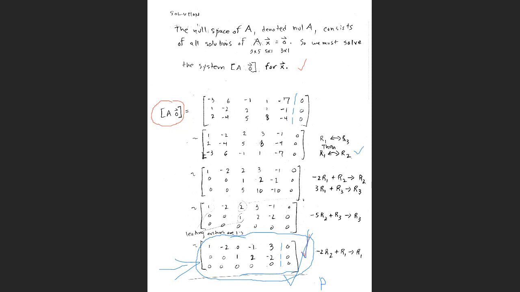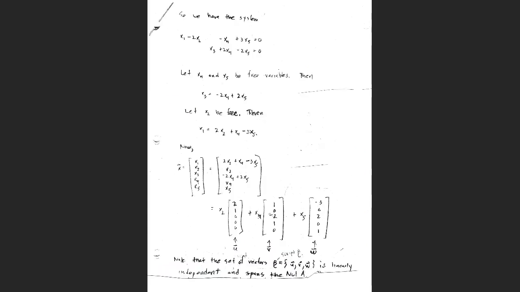Okay, I assume all the instructions here are fine on the row operations. All right, so this is the system you're going to have based on the augmented matrix.